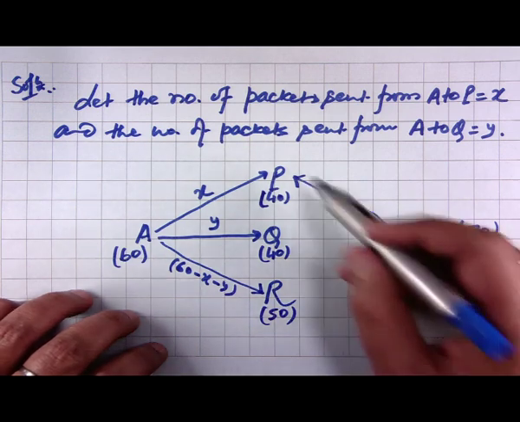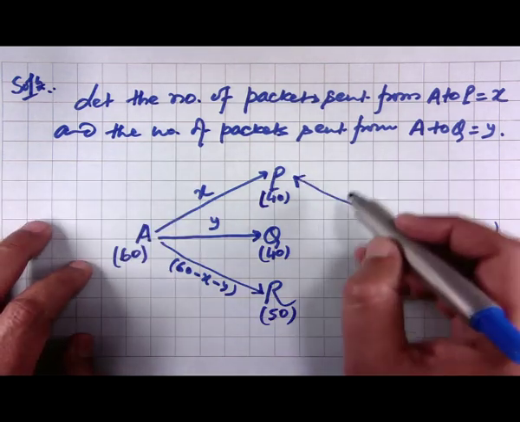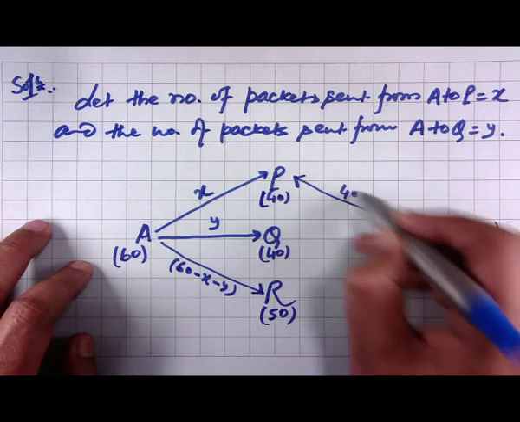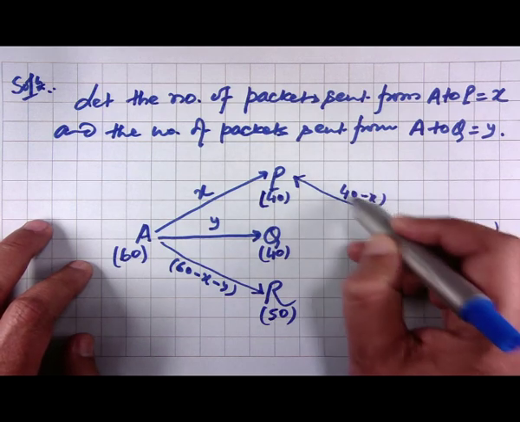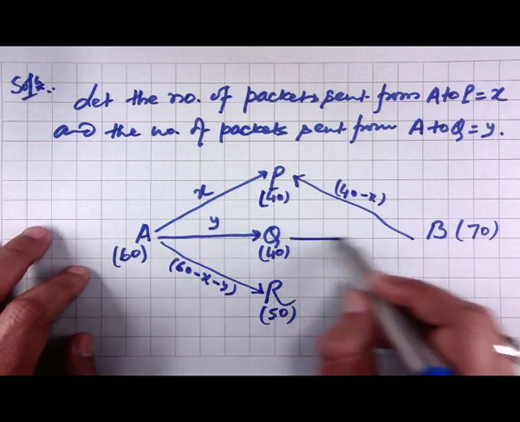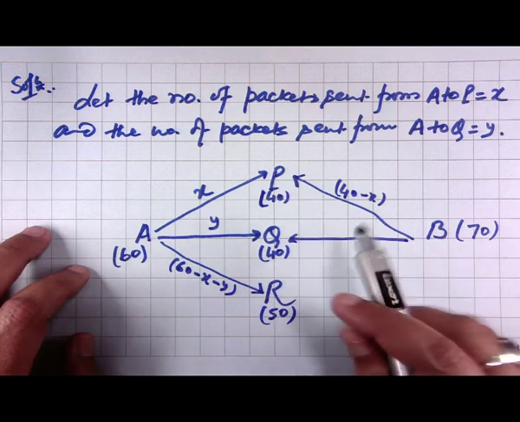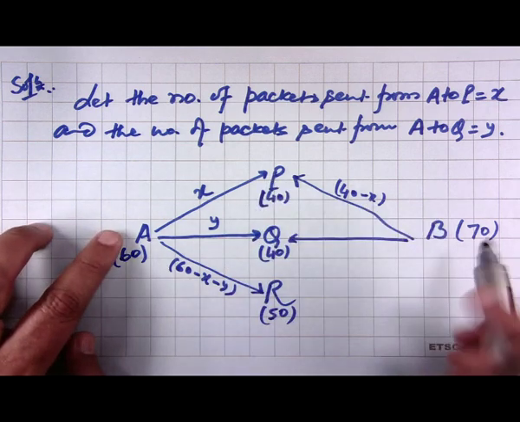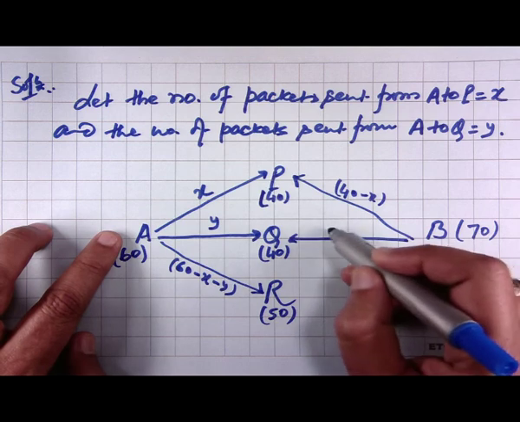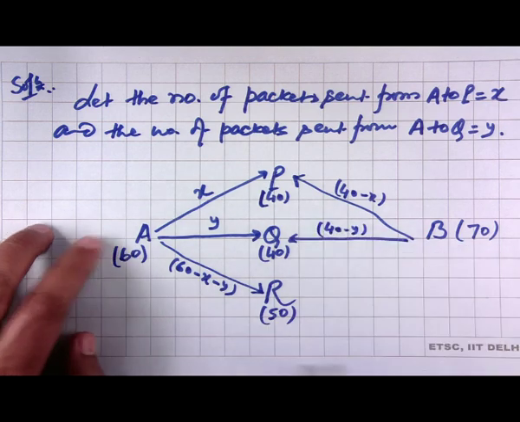School P already gets x packets, so the remaining 40 minus x packets will come from kitchen B. Similarly, school Q gets y packets from A, so the remaining 40 minus y will come from kitchen B.